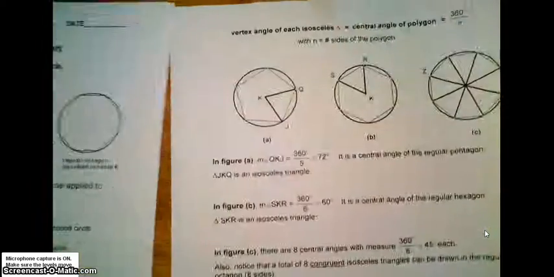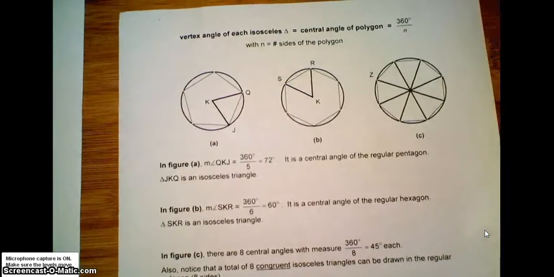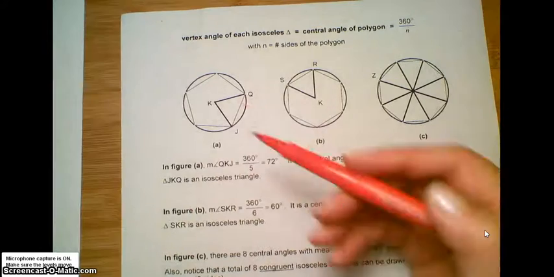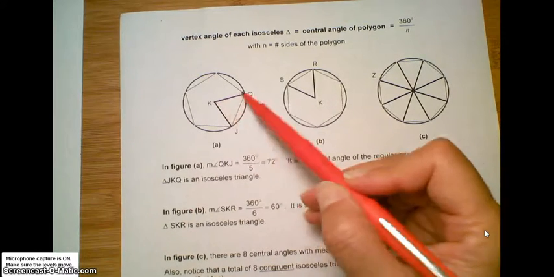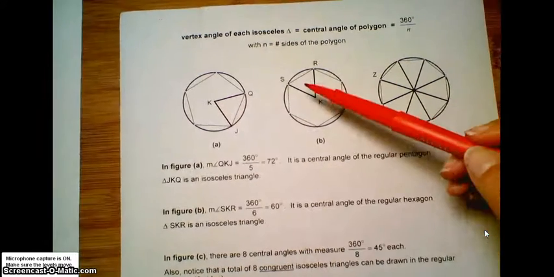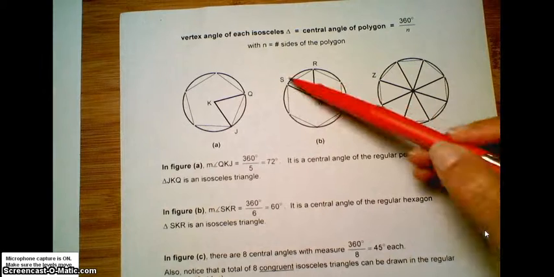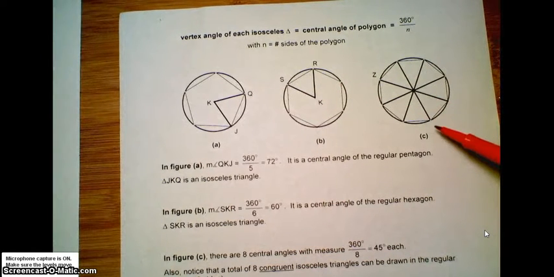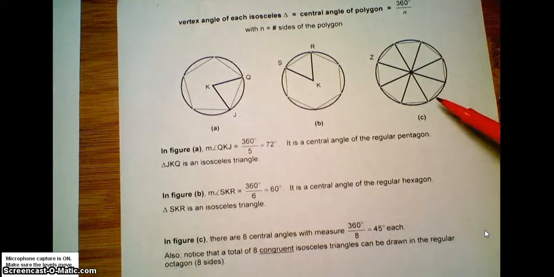Okay, we're going to switch over to page 2 where this idea of the central angle continues. You can see in these pictures we have a central angle here, JKQ. We have a central angle here, SKR. And then we have many central angles drawn here on our, what is that, an octagon.